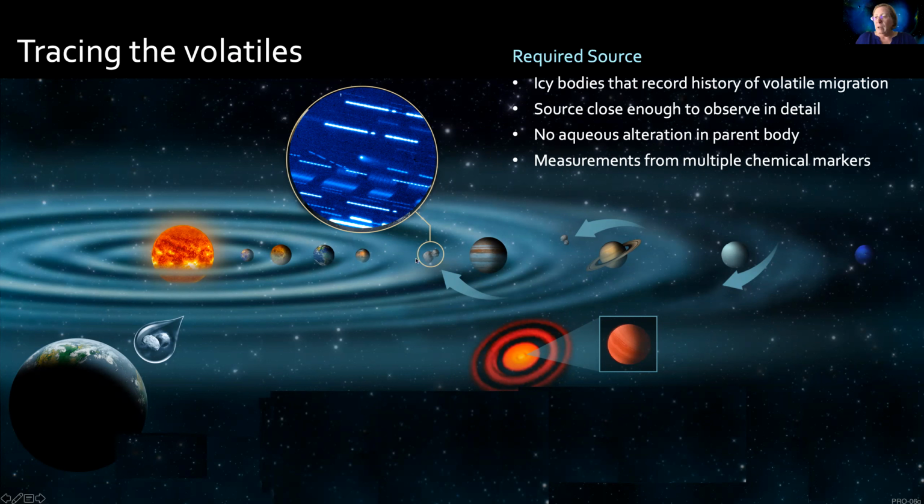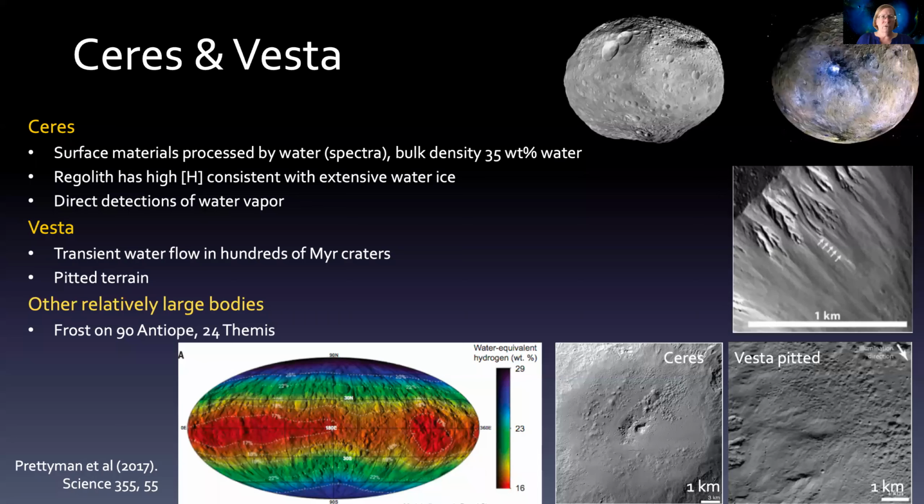We'd like them to be close enough that we can actually do detailed chemical analysis. And it has to be a small body so that the signature has not been altered. And as we've seen from the isotope ideas, we have to have multiple chemical markers to measure so we can detangle the story. So what evidence do we have for ices in the asteroid belt?